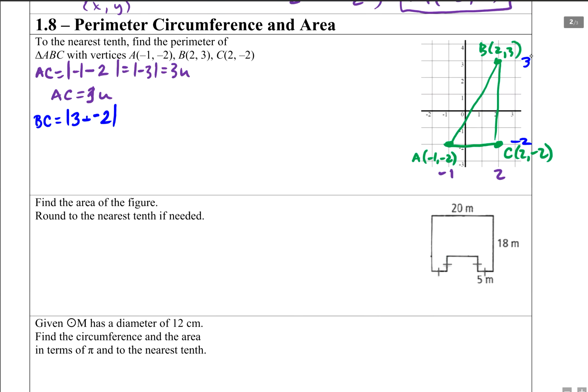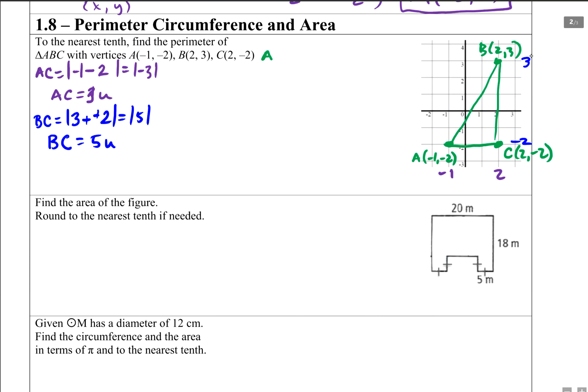This time a negative does mean plus plus, so that's the absolute value of 5. Don't put that there, move it down there. So the length of BC is 5 units. Okay, I have 2 of my pieces. All right, and now I'm looking at AB.